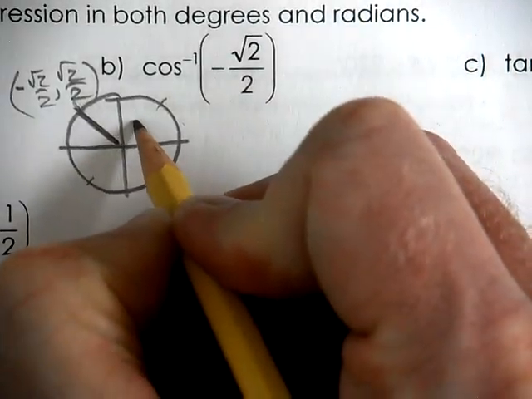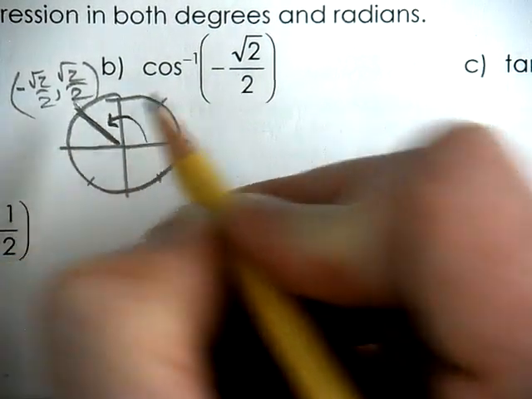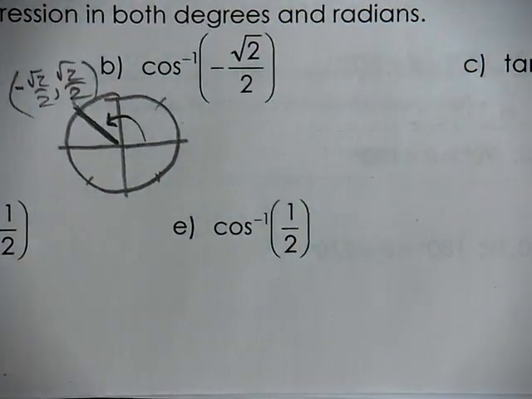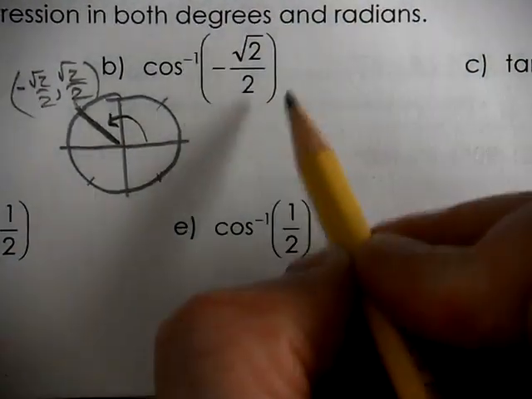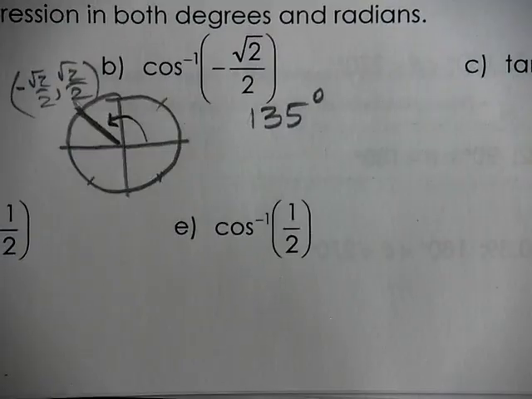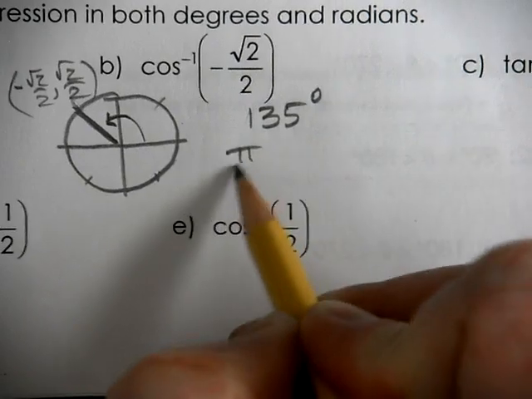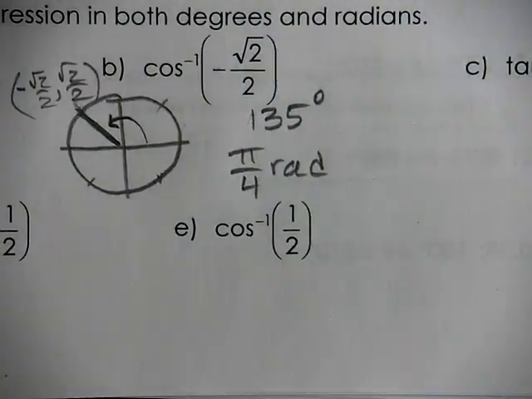So what angle is that? What angle gives you that cosine of negative root 2 over 2? 135 degrees, or you could call it pi over 4 radians. Okay?